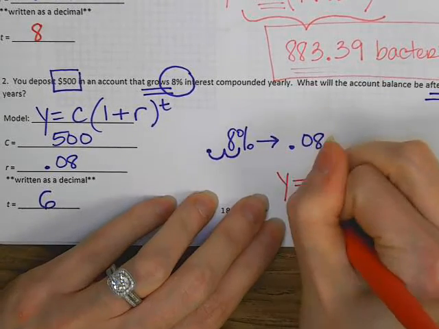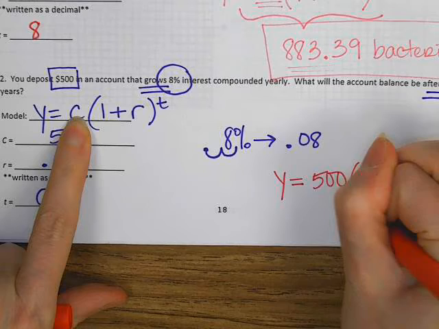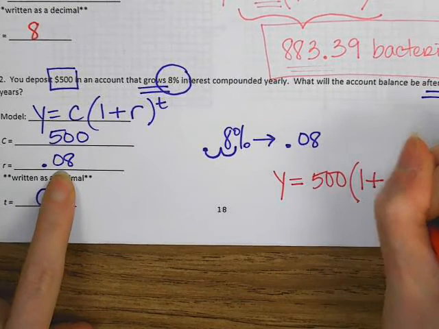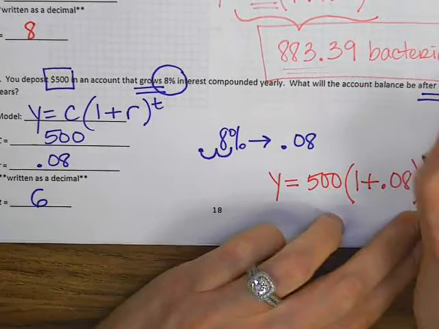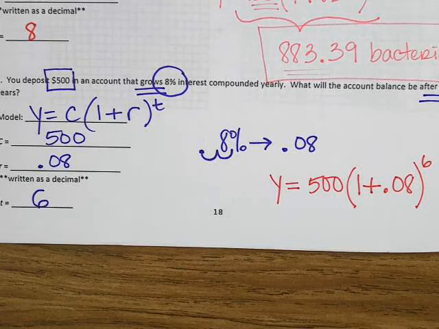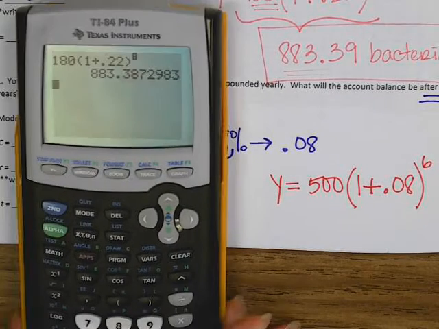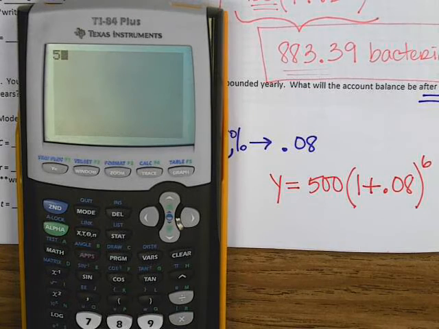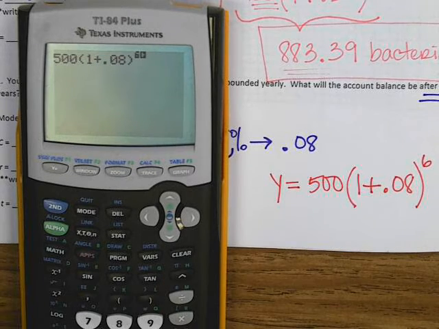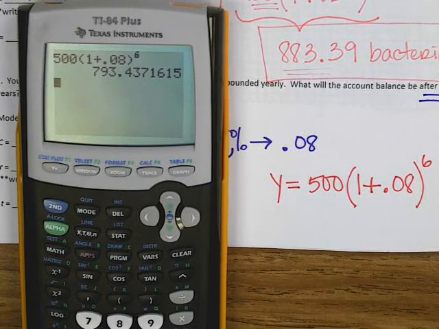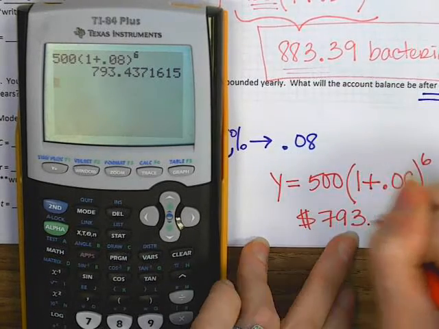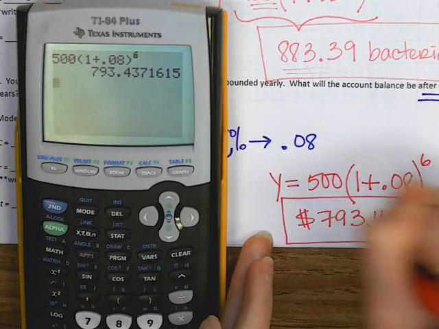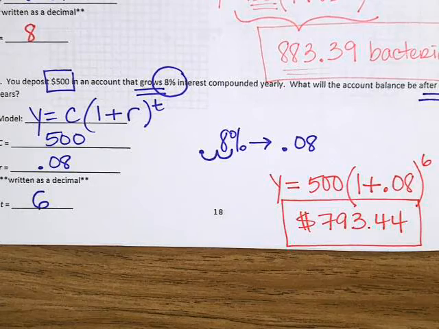Y equals C, which is 500, times 1 plus R, which is 0.08, and then we're raising it to the T power, so a little 6. Then we just need to type that in: 500 parentheses 1 plus 0.08 parentheses raised to the 6th power. And you guys end up with, and this is money, right, $793.44. That's why you always want to put your money in the bank to gain interest.